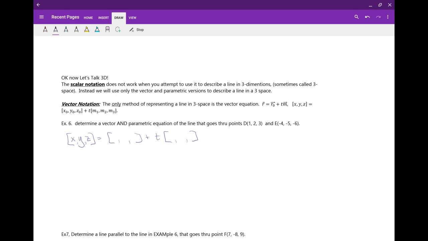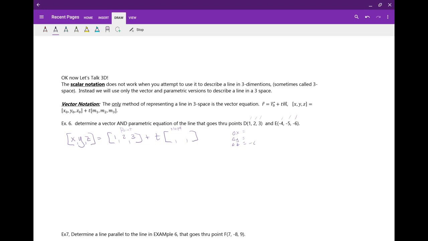Well, we've got a point. One of our points is 1, 2, 3. By the way, you could put either E or D in here. So I'm going to write just point. And this is going to be our slope. Well, the slope formula, to get the change in x, the change in y, and the change in z, I'm basically going to be taking z2 minus z1, y2 minus y1, and x2 minus x1, right?